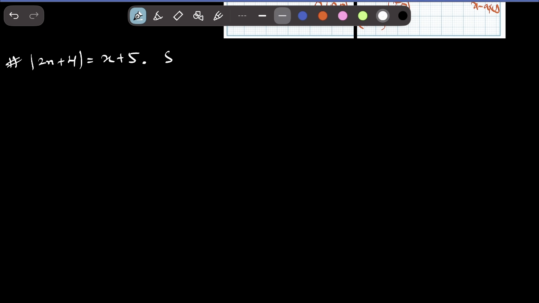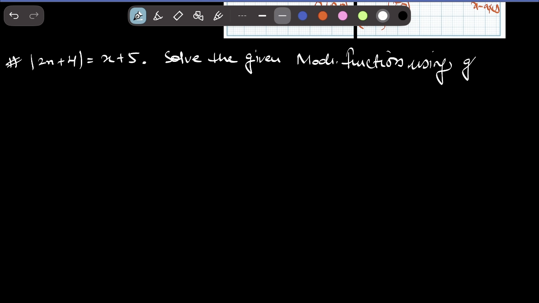The question is, solve the given mod function using graph. Okay, so now we need to solve this modulus function using the graph. We are going to proceed. Let's see this. Here we can say that there are 2 equations actually involved.